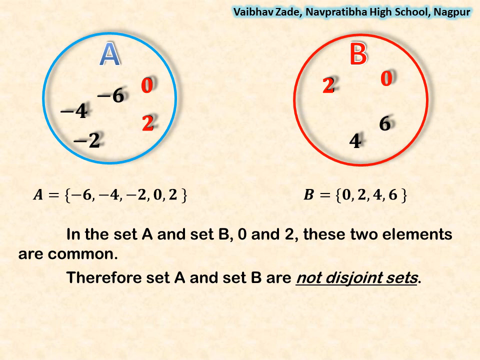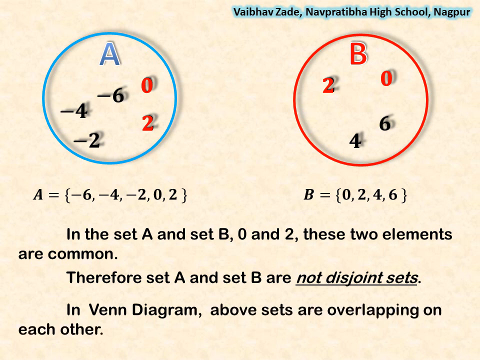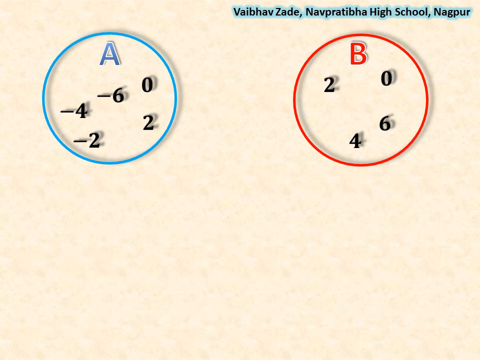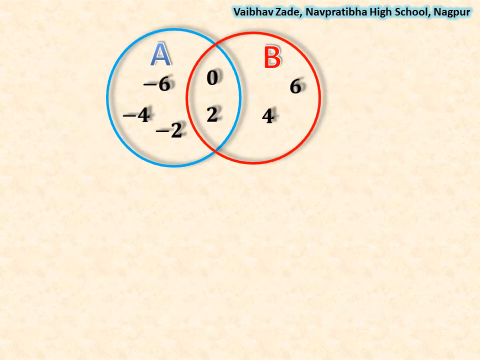In a Venn diagram, we show these two sets by overlapping each other. So let us see. Now we see that these two sets are overlapping, and the yellow part shows that the elements 0, 2 are common to both sets.